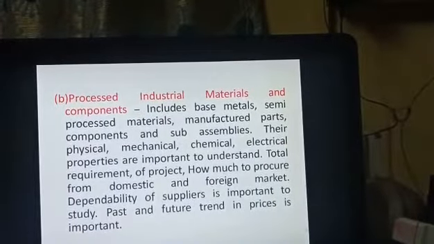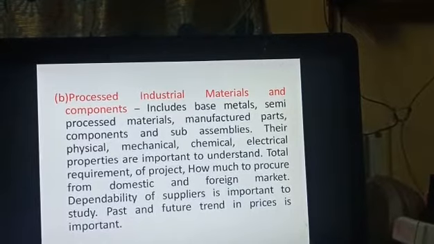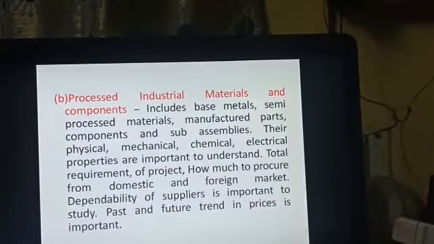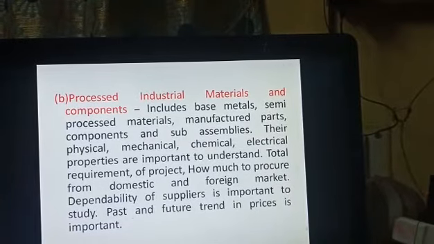Next is processed industrial material and components. These include base metals, semi-processed materials, manufactured parts, components and sub-assemblies. Their physical, mechanical, chemical, electrical properties are important to understand.